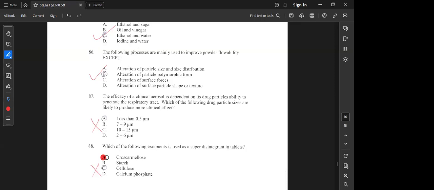So 2 to 6 is the best size. The smaller ones are likely to remain airborne for a longer time than the larger ones. Okay, 2 to 6, unless someone else has another answer.